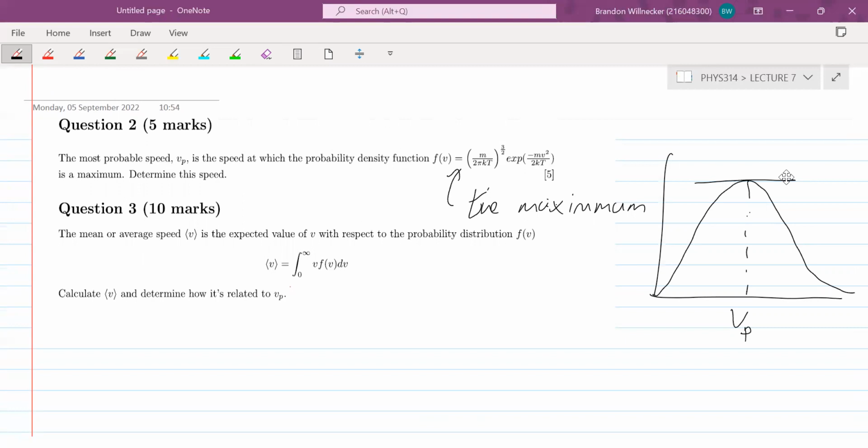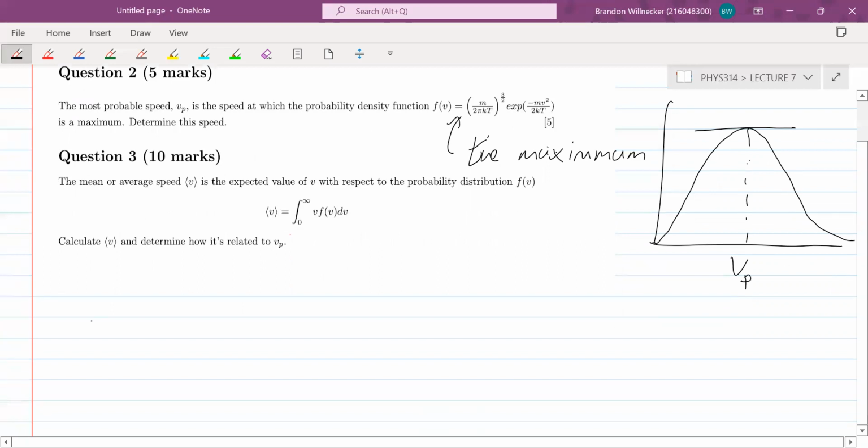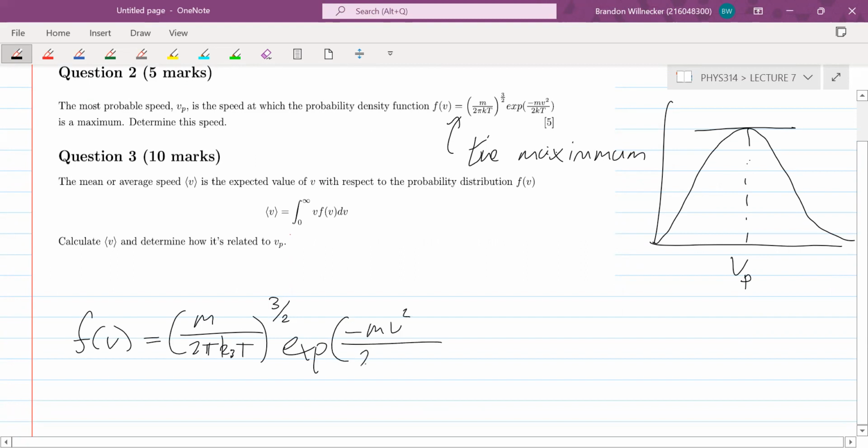Okay, so remember back to your Math 130 days. If you want to find the maximum of a function, you differentiate, set it equal to 0, and then solve. Okay, so that's what we're going to do here. We have f of v is given by m over 2 pi kbt to the 3/2, times the exponential of minus mv squared over 2 kbt.